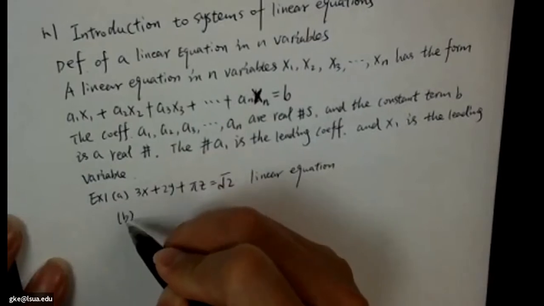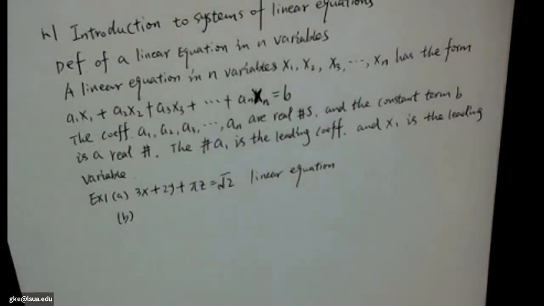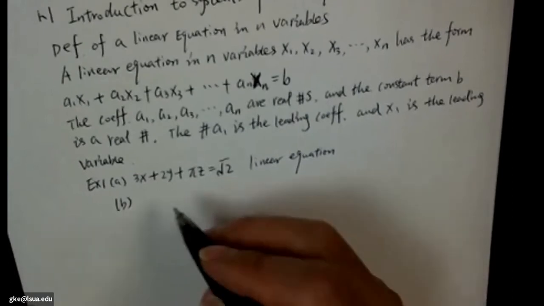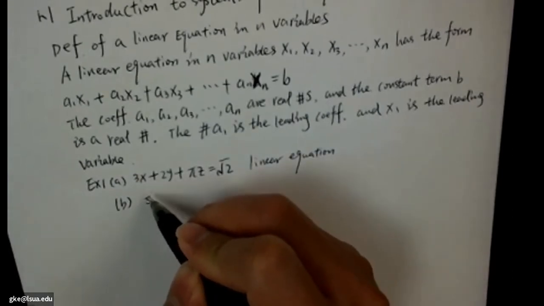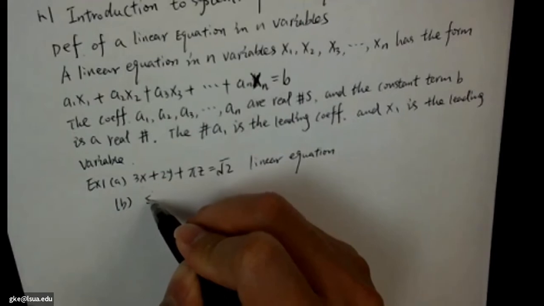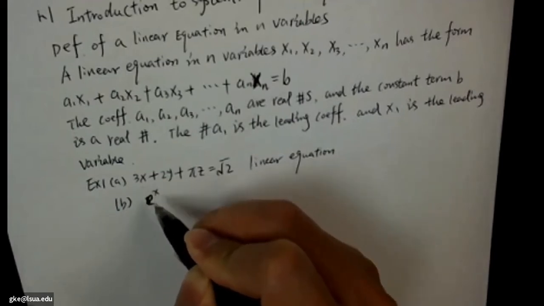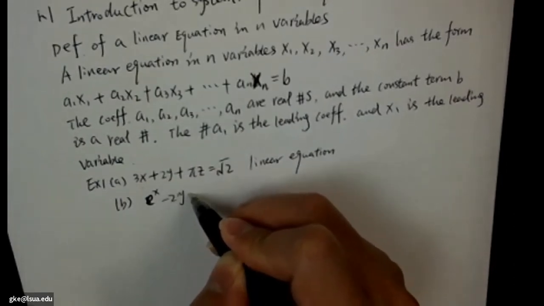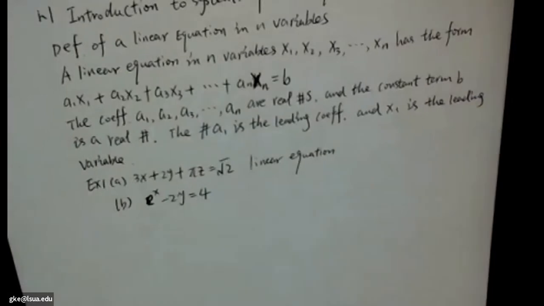Now let's take a look at B. e to the power x minus 2y equals 4. Is that equation a linear equation or not? Yes or no?